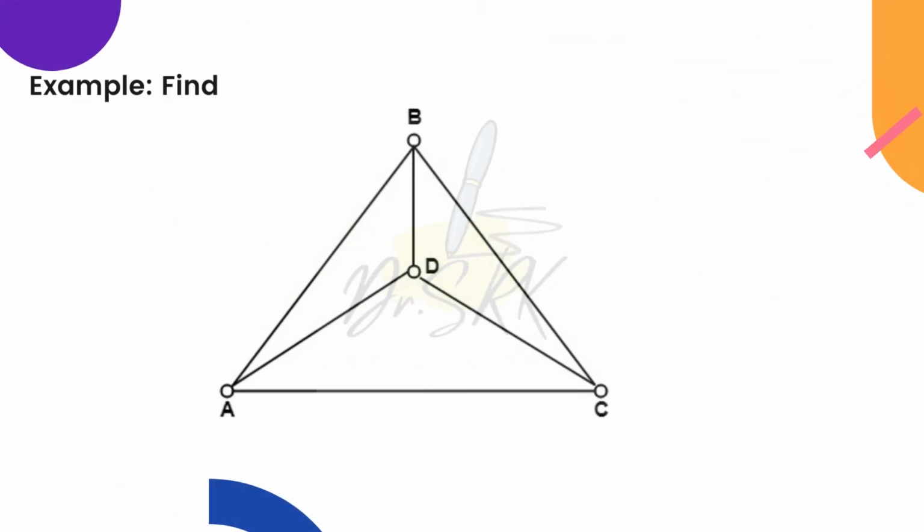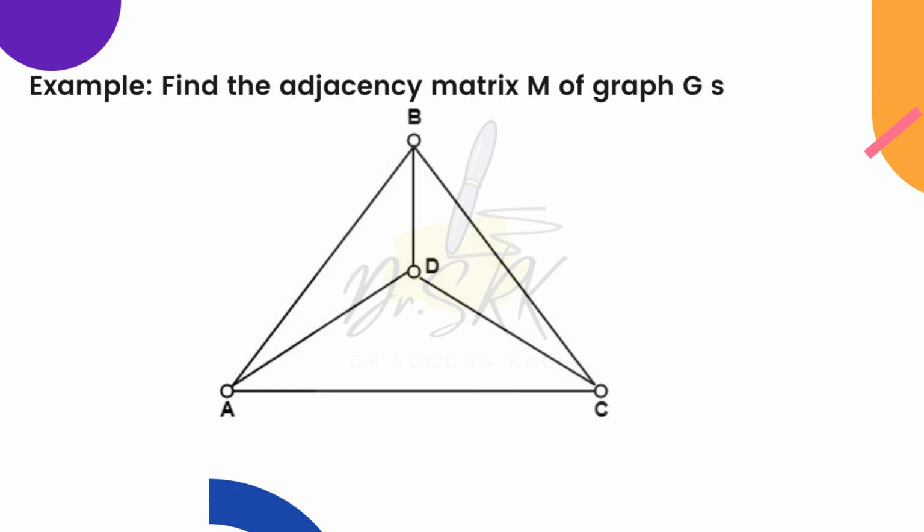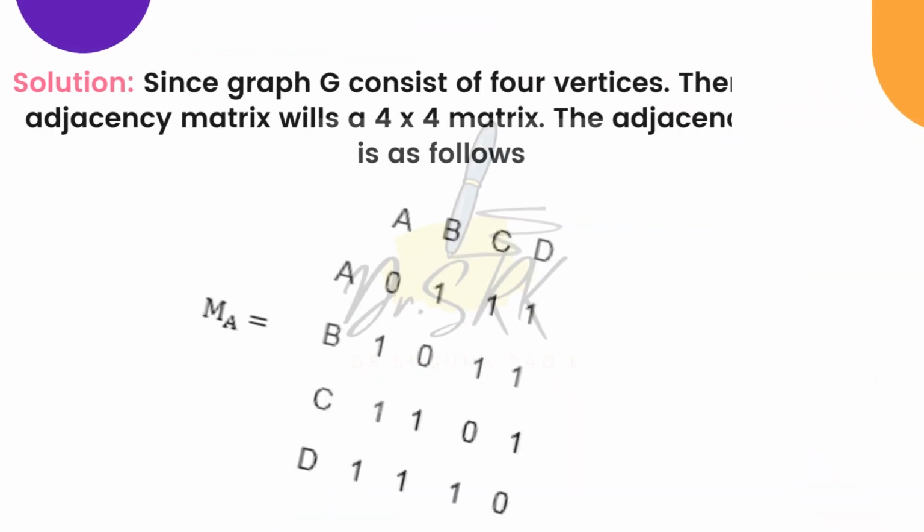Observe this graph carefully. Here, the vertex A is connected to the vertex B, then we take the value as 1. If the vertex A is not connected to the vertex B, then we take the value of 0. So let's have a look at the adjacency matrix here.